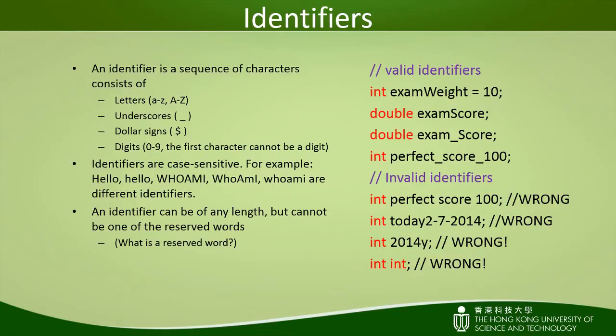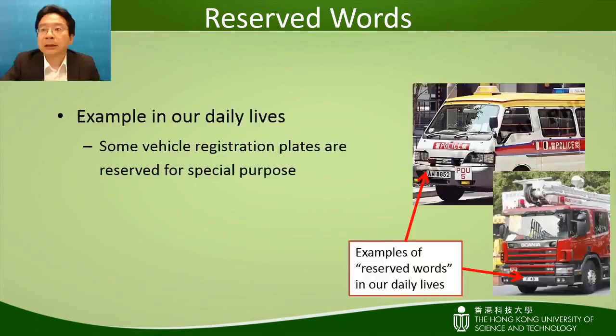Let's take a look at what a reserved word is. It's not difficult to find reserved words in our daily life. Some vehicle registration plates are reserved for certain specific purposes. For example, license plates starting with AM for vehicles in Hong Kong are reserved for government vehicles.